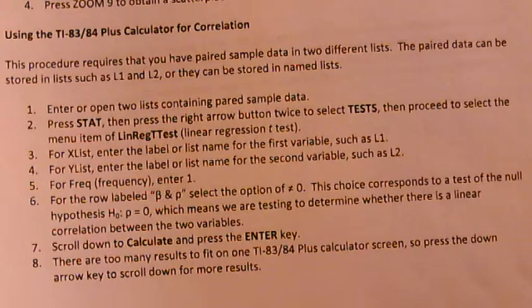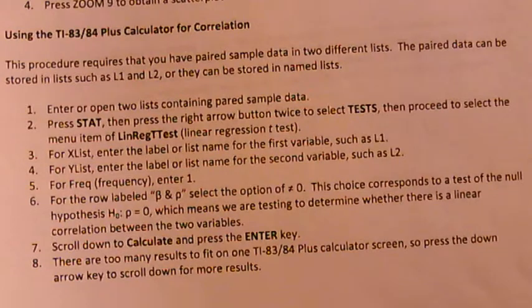The frequency will always be 1. Then for the row labeled beta and rho, you're going to select the option not equal to 0, because that's the choice to test the null hypothesis where rho is equal to 0. That's determining whether there is a linear relationship between the two variables.